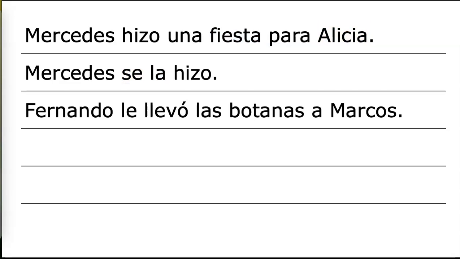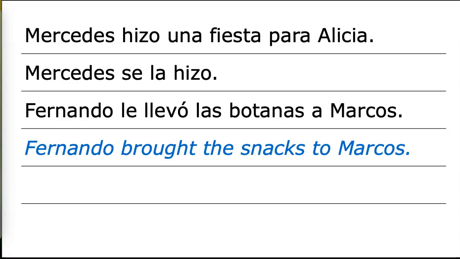How about Fernando le llevó las botanas a Marcos? Go ahead and translate that. Fernando brought the snacks to Marcos. And what are our indirect and direct objects? Botanas and Marcos.